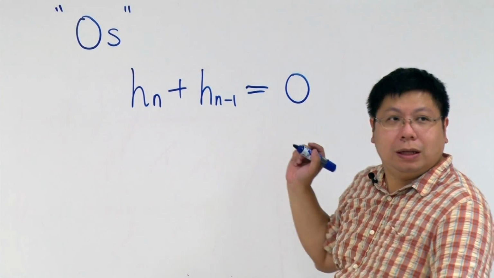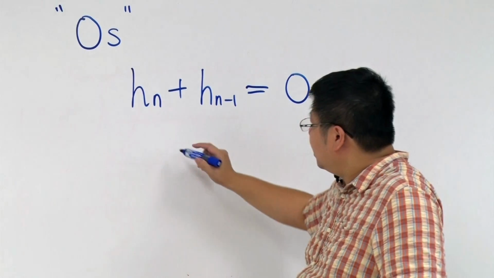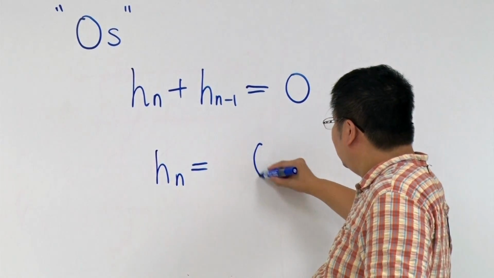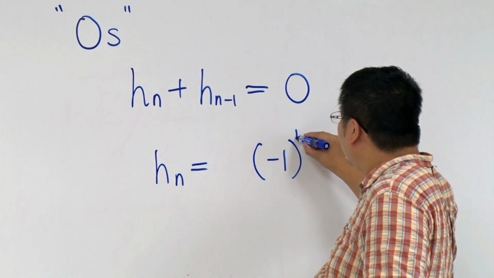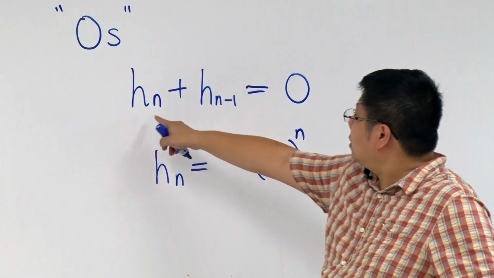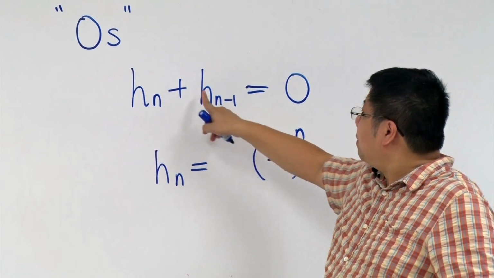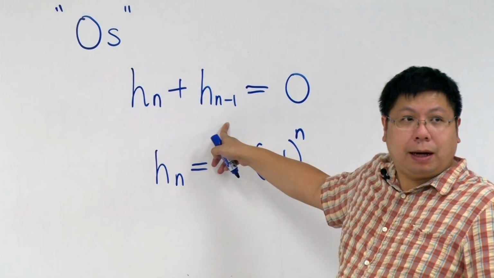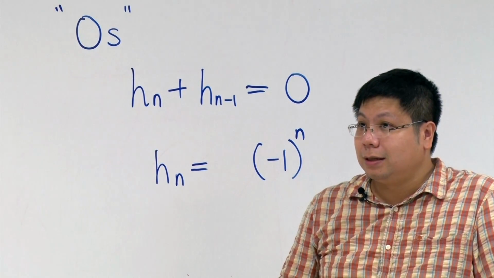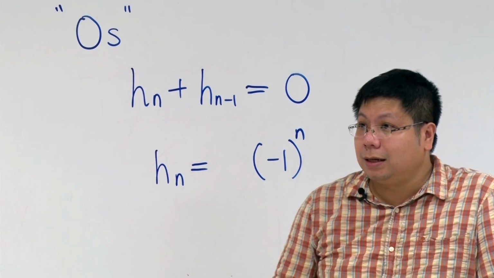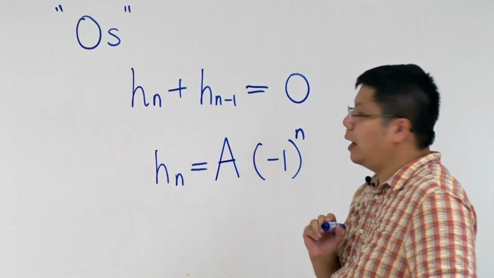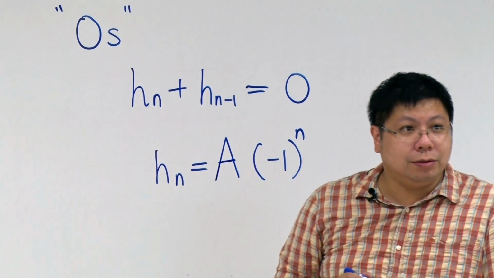Now, for this one, if you set h_n = (-1)^n, then (-1)^n + (-1)^{n-1} is always equal to 0, right? Is that okay? Actually, if I multiply by any constant a there, it is still 0.